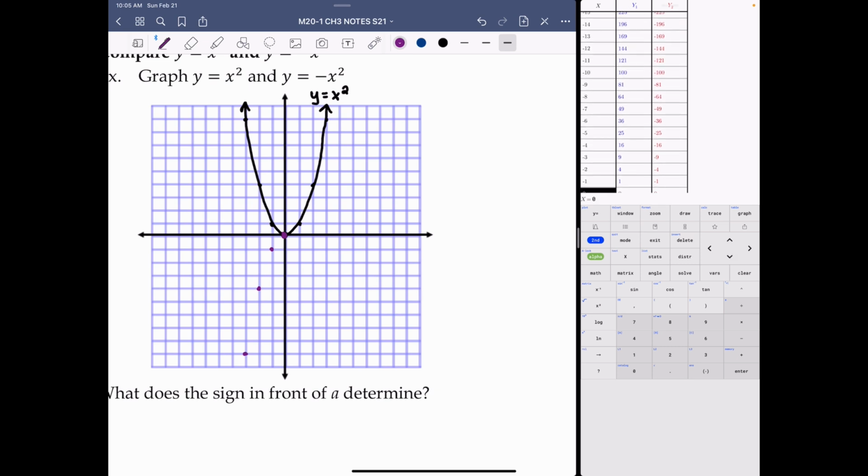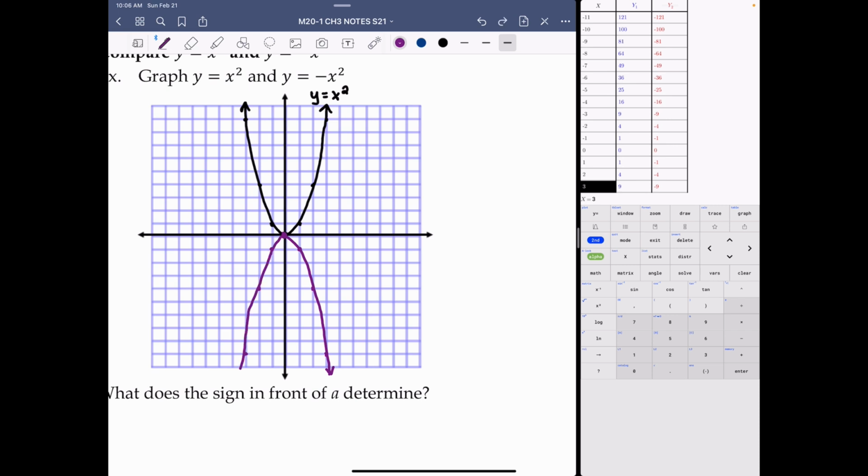Going the other direction, when x is +1, y is -1. When x is +2, y is -4. And when x is +3, y is -9. Join those points together. And that's our graph of y equals -x squared.